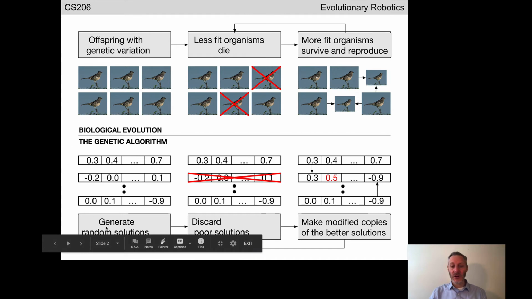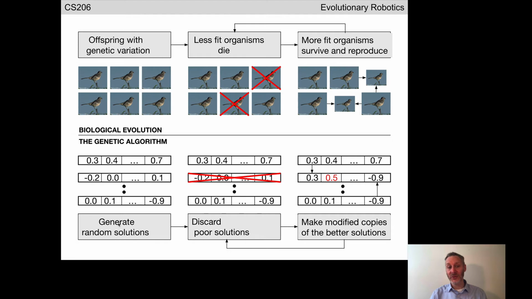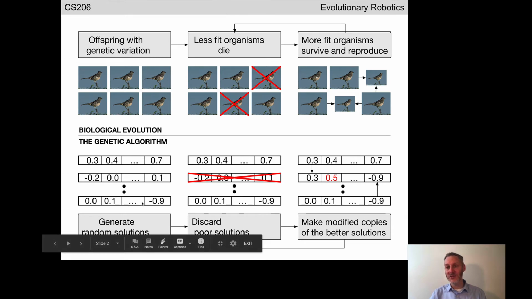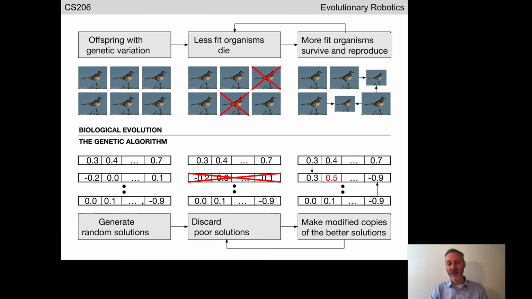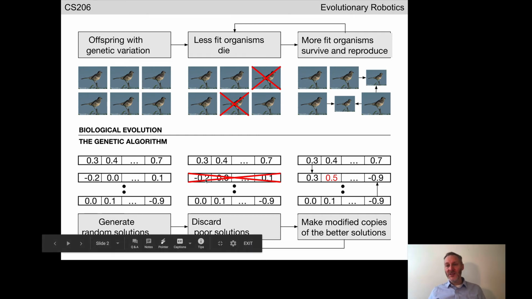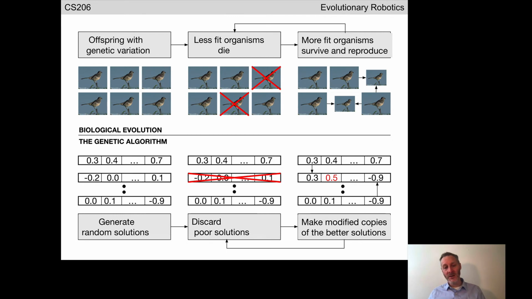We're going to assume that we don't know what the solution to our problem is. That's why we're using an evolutionary algorithm. So we're going to start by creating a population of random solutions, and we'll see some examples of solutions and problems in a moment. We're going to assume that the computer has some way of scoring the quality or the fitness of any one solution. Solutions that have low fitness or low quality are poor solutions and they're deleted from the population.